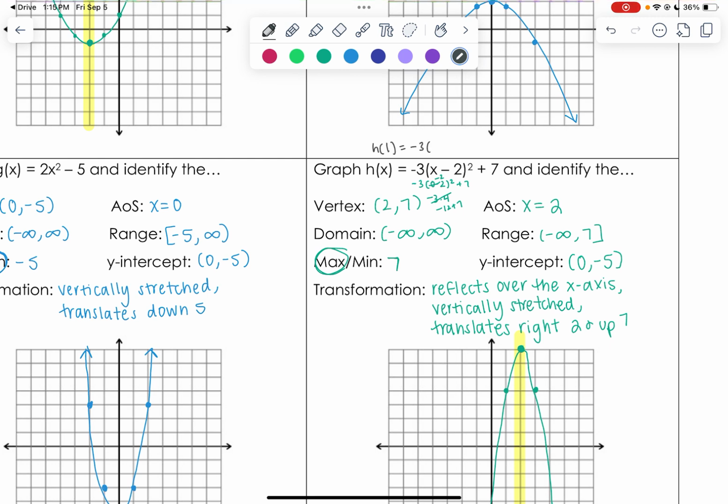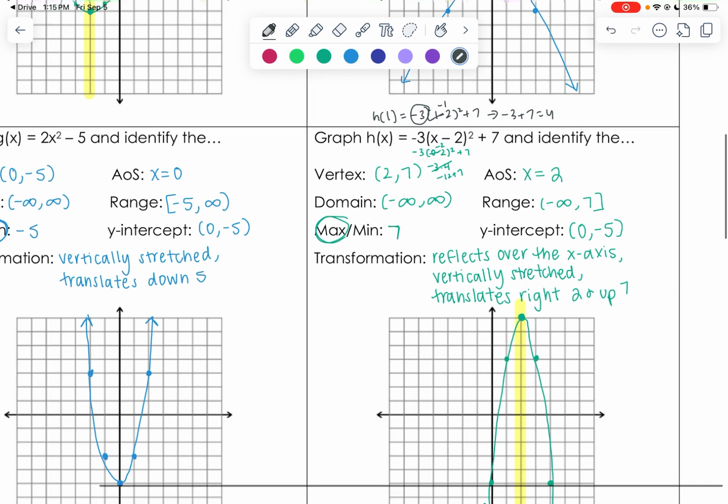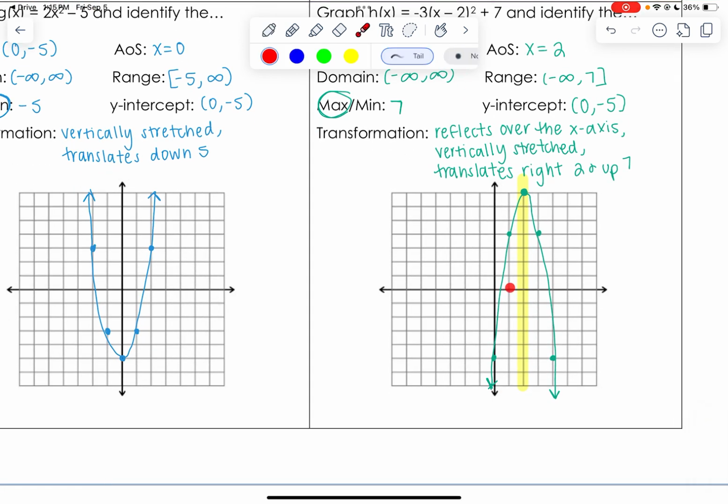Equals -3 times 1 minus 2 squared plus 7. 1 minus 2 is -1. -1 squared is +1. So that +1 times -3 would just be -3 plus 7, which is 4. Well, look, wasn't that point at 1, 4? Now, to me, that's a much longer way to do it. But when in doubt, you can just plug in points and go from there, okay?